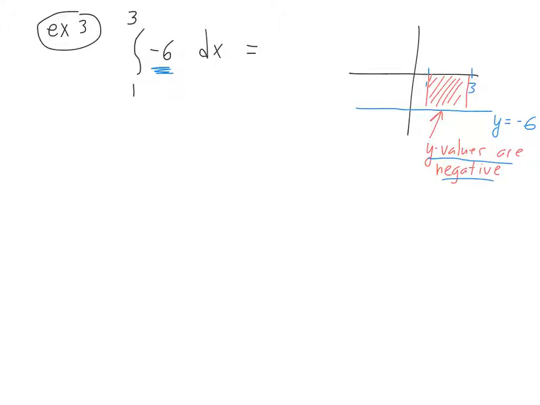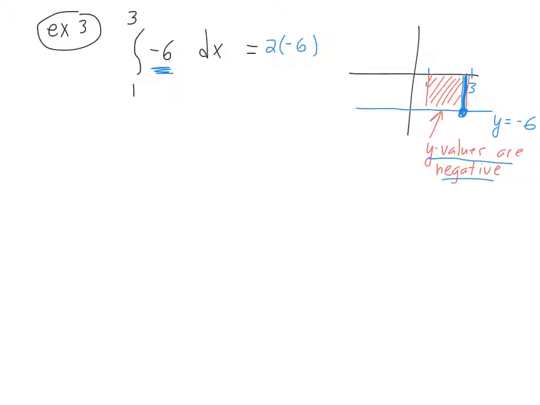So when we look to evaluate this definite integral, since we have a rectangle here to find the area, we know we're going to do base times height. So the distance from 1 to 3 we know is 2. But then the so-called height, or the y value here, because these y values are negative, because this point on this curve is a negative y value, that means we would have to put a -6 in here, because, again, the y values are negative.